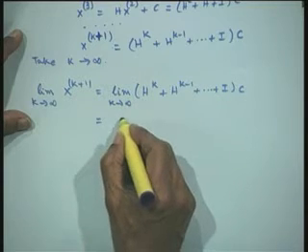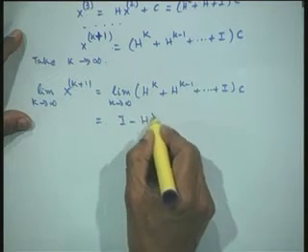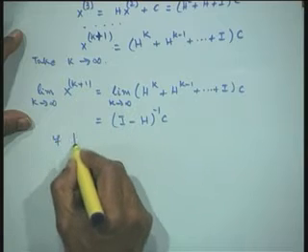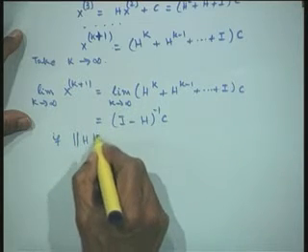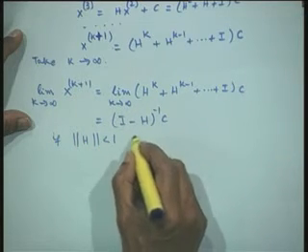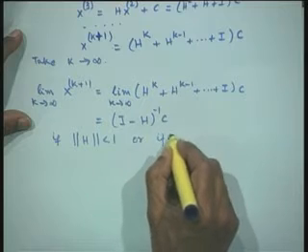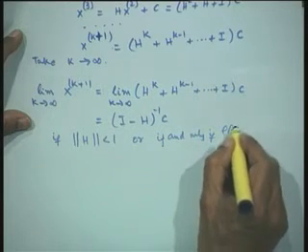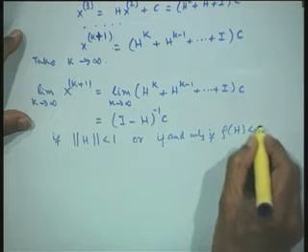This will be equal to I minus h inverse of c if norm of h is less than 1 or if and only if spectral radius of h is less than 1.